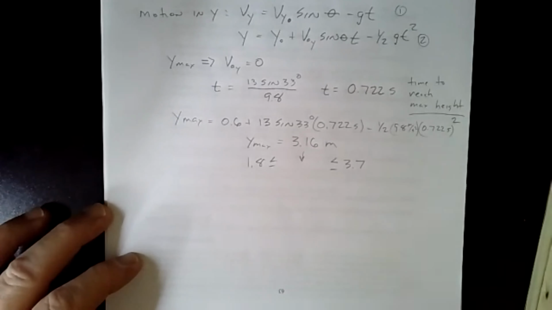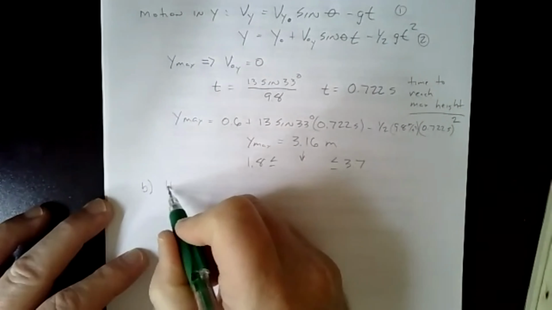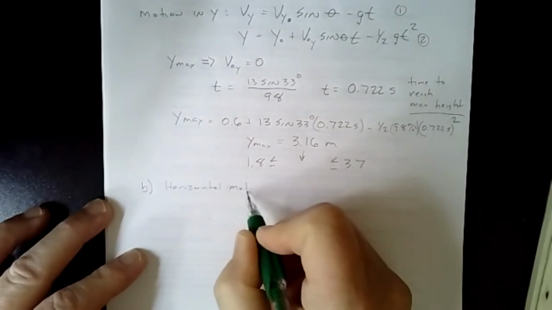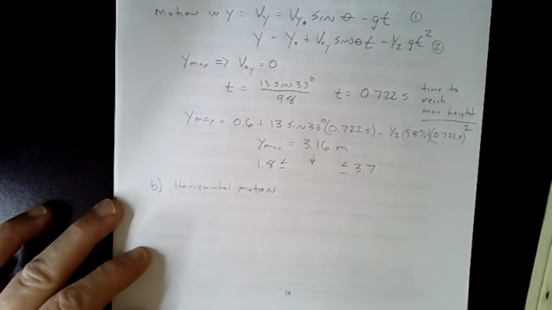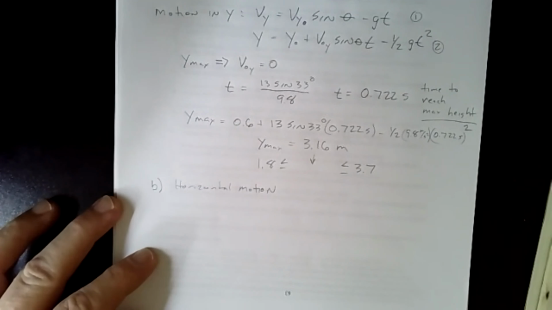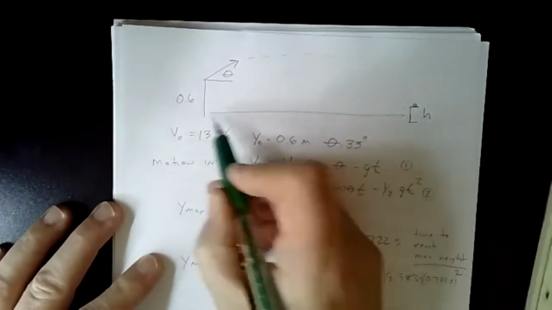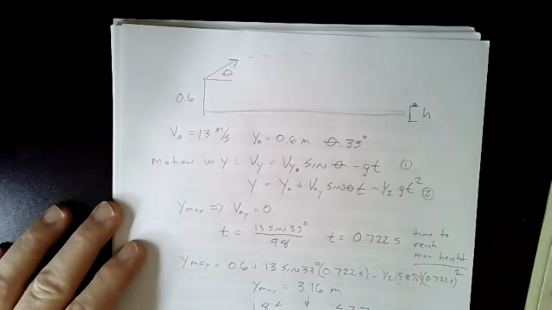All right, so the second part of this B is to find the horizontal motion. The reason we want the horizontal motion is we want to know the time that it takes to go this distance over here, which I don't believe we know. Oh no, we do. I'm sorry.